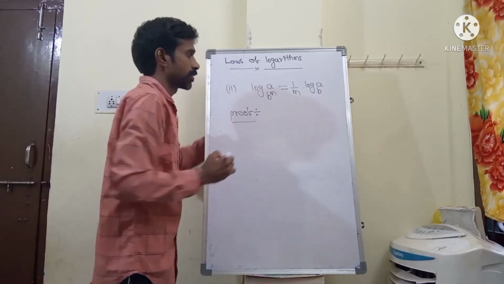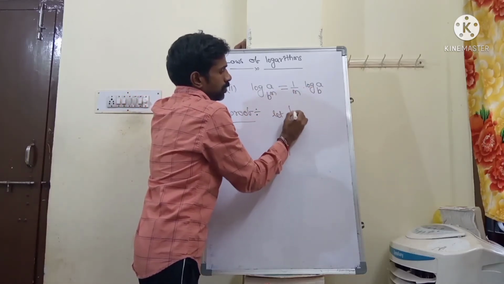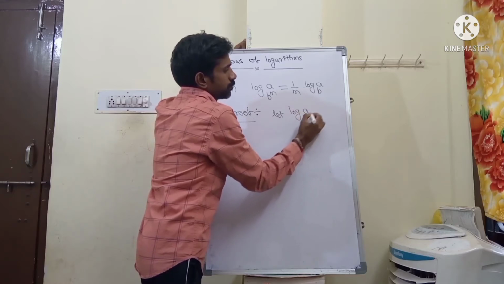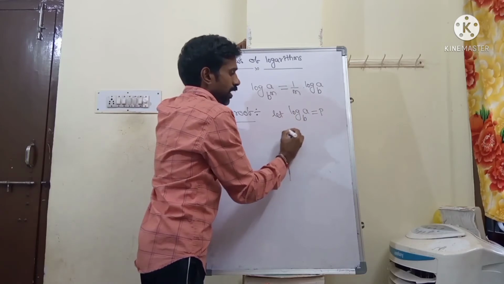Proof. In the same way, let log a to the base b be equal to some p. Next, it is logarithmic form.